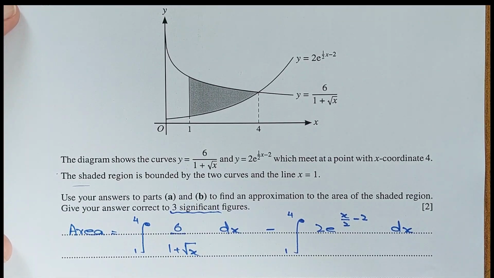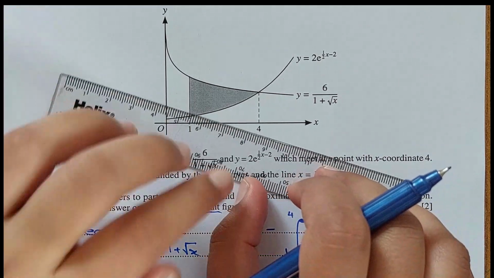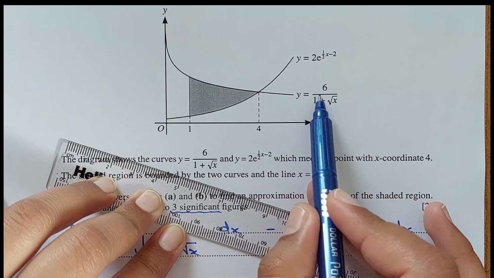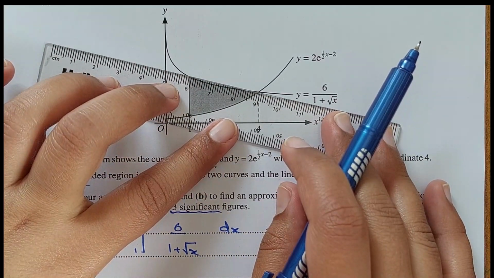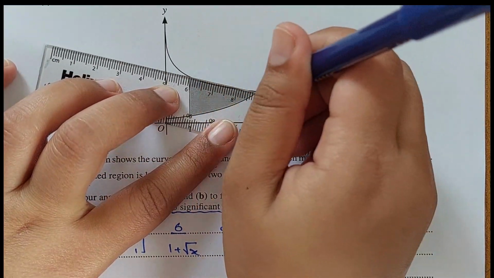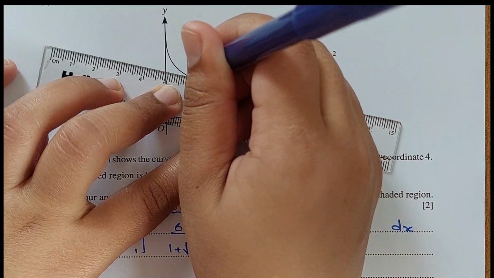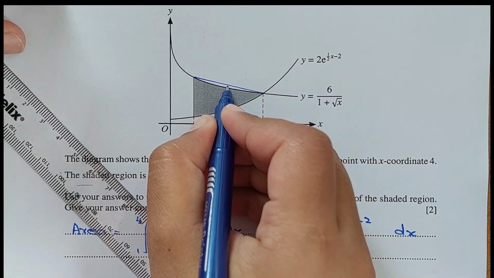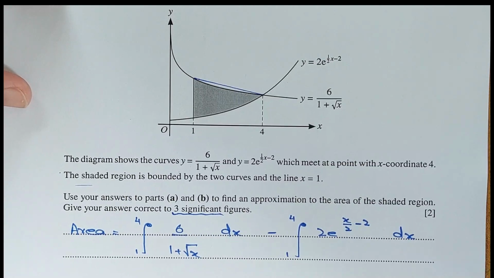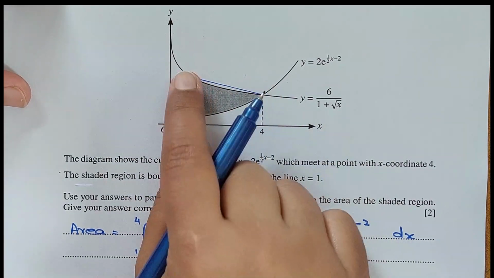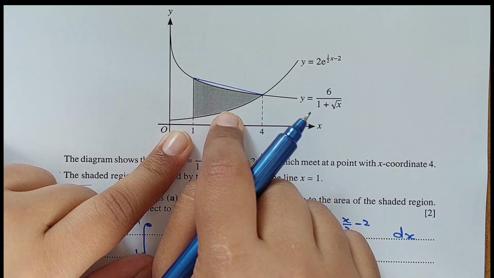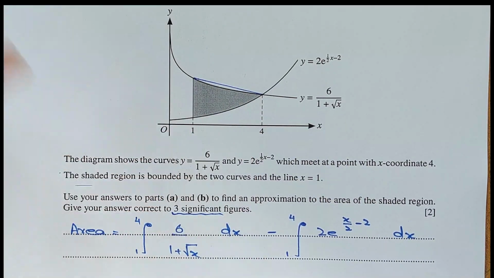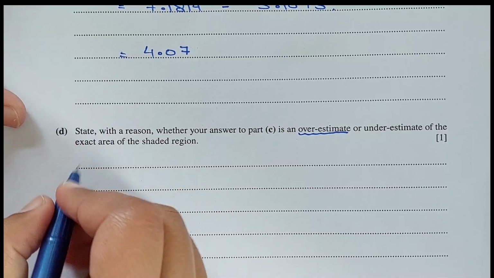So if we can see the shaded region, we have this curve we have given in question 1. We calculated the area of the trapezium between the 2 points, between 1 and 4. And we have considered this additional portion, the upper part of this trapezium at 1 and 4. So the answer for the shaded region is overestimated, right?